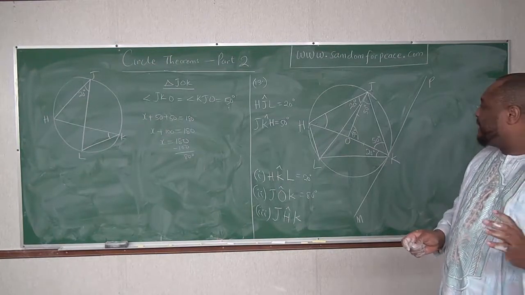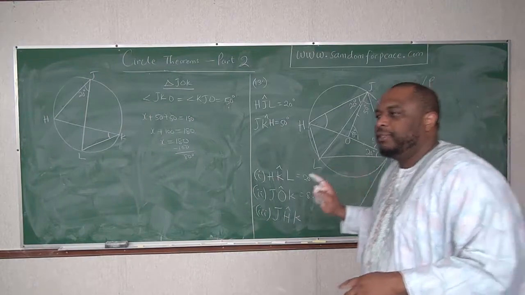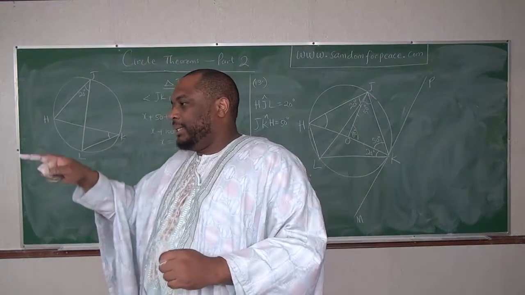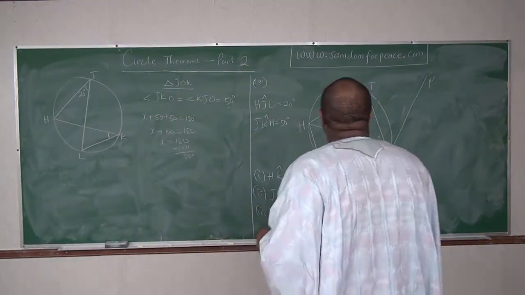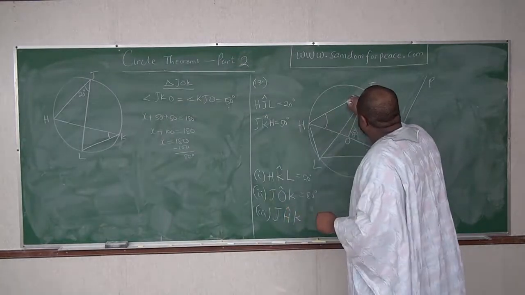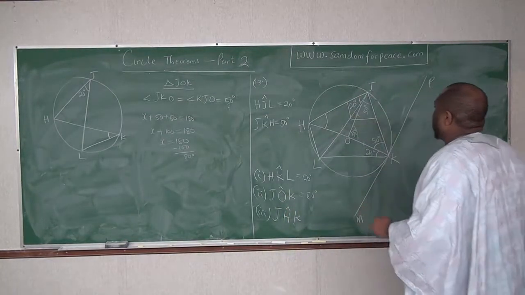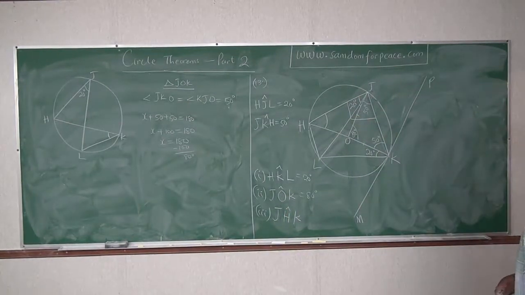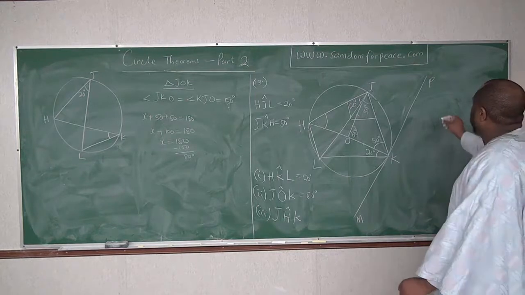Angle in a semicircle. Let me be sure of this diagram again. Yeah, that's it, angle in a semicircle. So this whole thing here is 90 degrees.